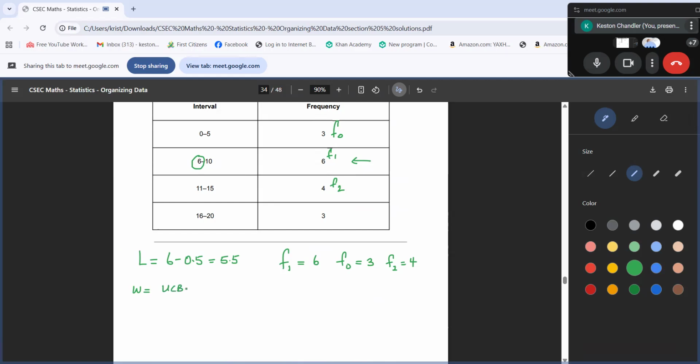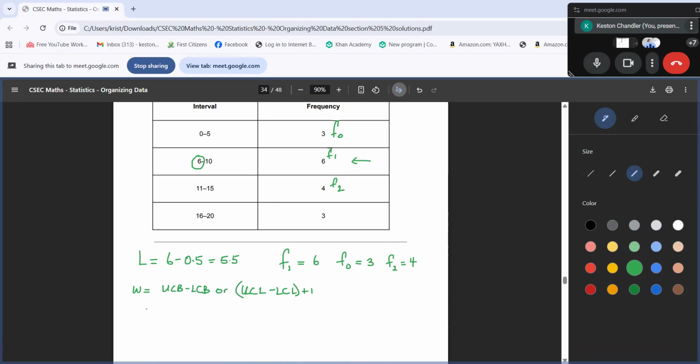And if we need to work out our class width W, class width could be your upper class boundary minus your lower class boundary, or it could be the upper class limit minus the lower class limit plus 1. Any one of these formulas could work to calculate your width.